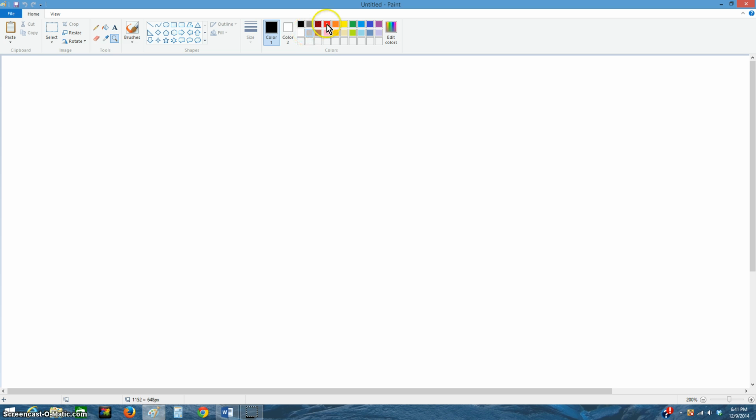Alright, let's see. I have my x and y axis. Let's see, I'm trying to find the right size for this. Okay. And it's a little crooked, y'all, I do apologize. This is Paint, so it's not really a good program. But here is my x and y axis.